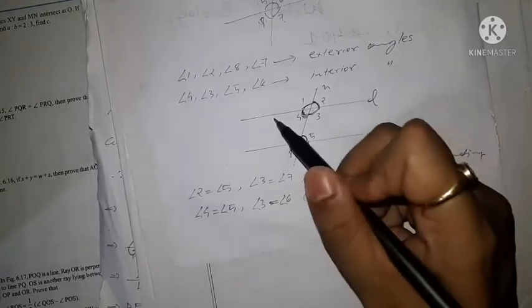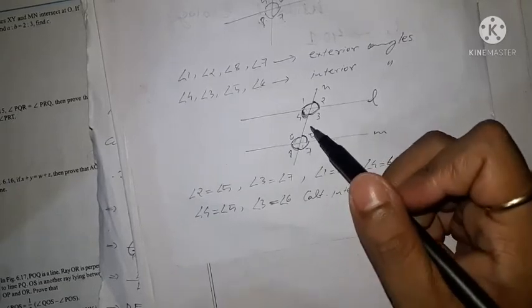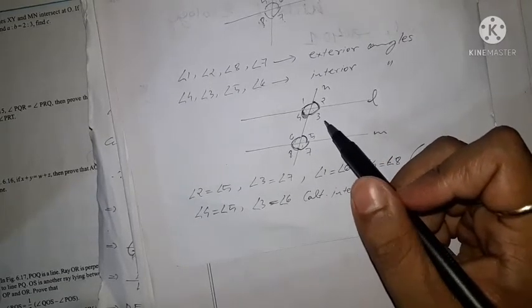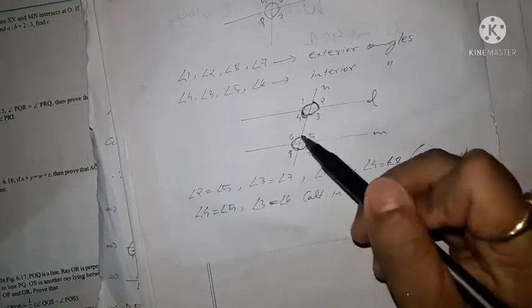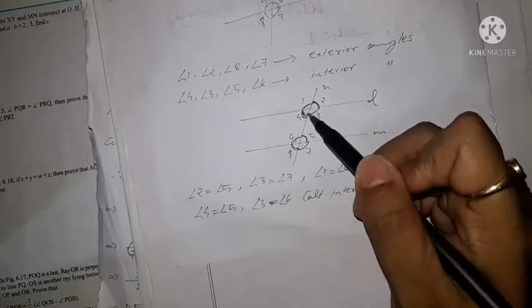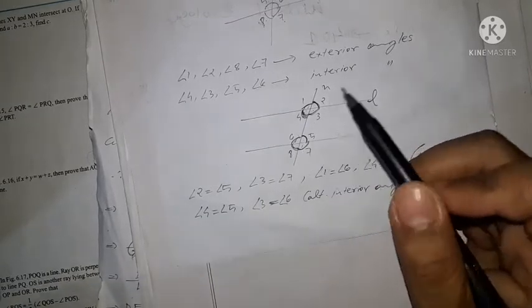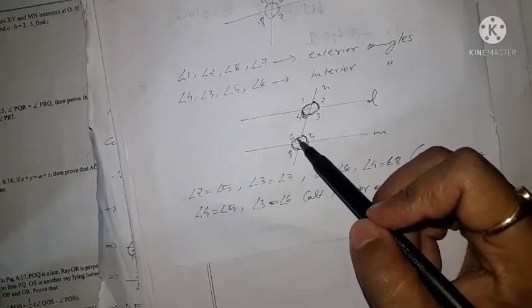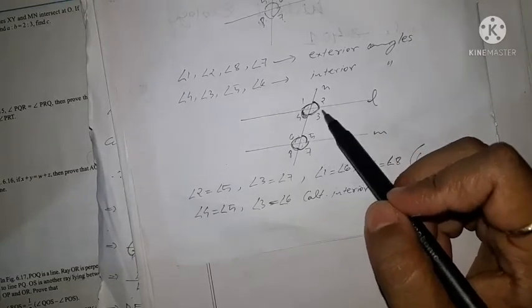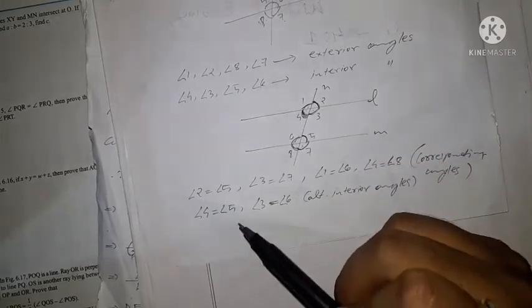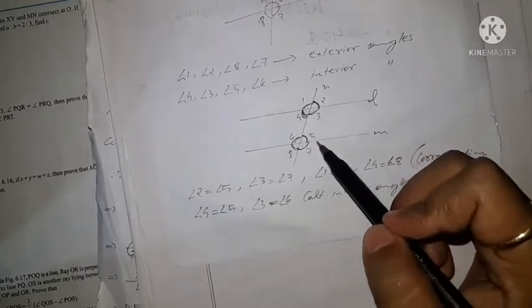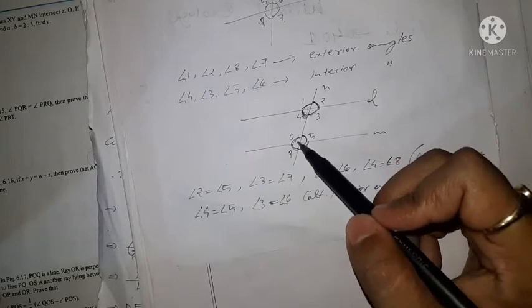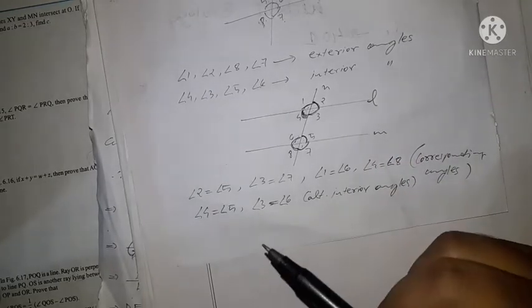Now as the lines are parallel, as we already know by Euclid's fifth postulate, the sum of the interior angles on the same side of the transversal equals 180 degrees. If the sum of the angles on the same side of the transversal is less than 180 degrees, then the lines will intersect on that side. But since here the lines are parallel, the sum of the interior angles on the same side of the transversal equals 180 degrees.